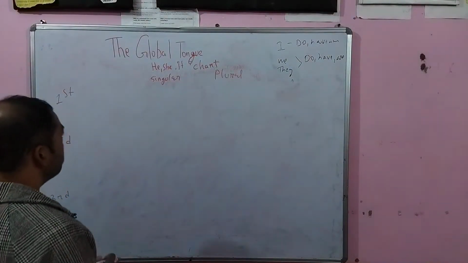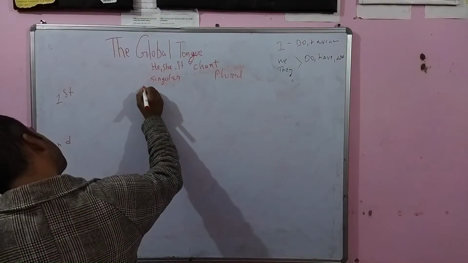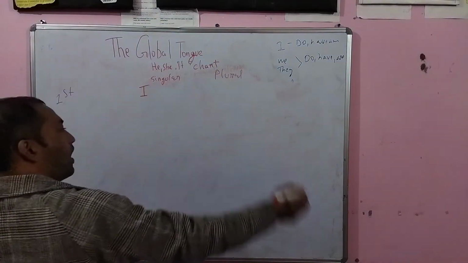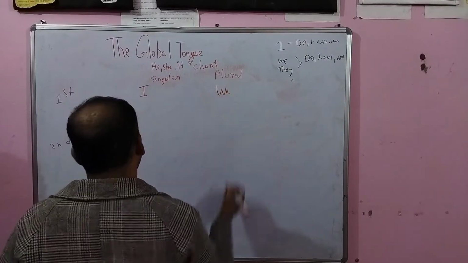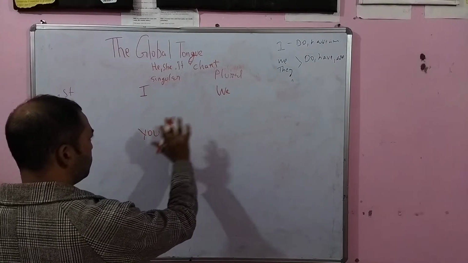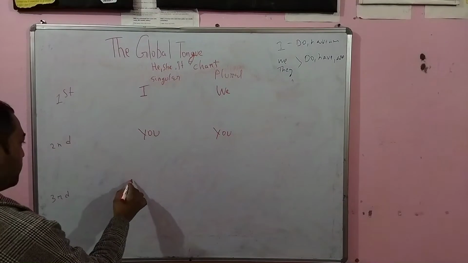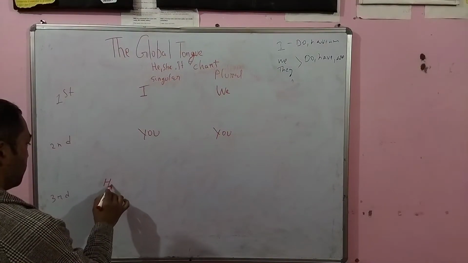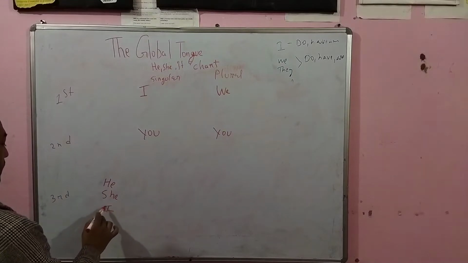The first friend is I. The second friend is we. The third friend is you, so we'll have the third friend twice here. The fourth friend is he, the fifth is she, the sixth is it.